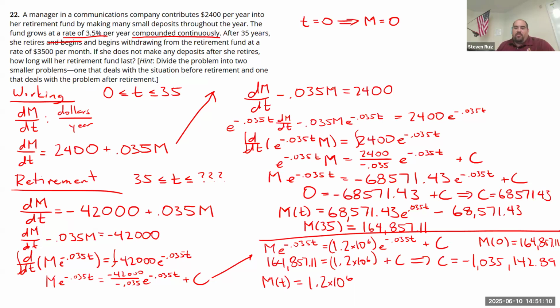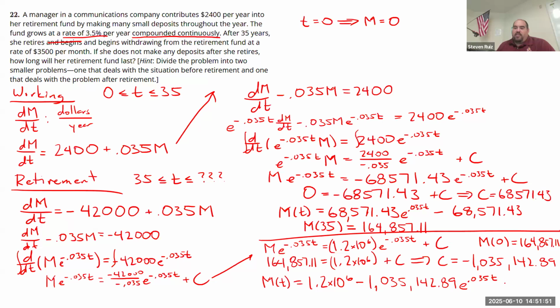Now I'm basically dividing through that exponential, trying not to mess it up this time, plus c, which is minus 1,035,142.89 times e to the 0.035 t. Was there anything else I have to worry about here? That should be it.